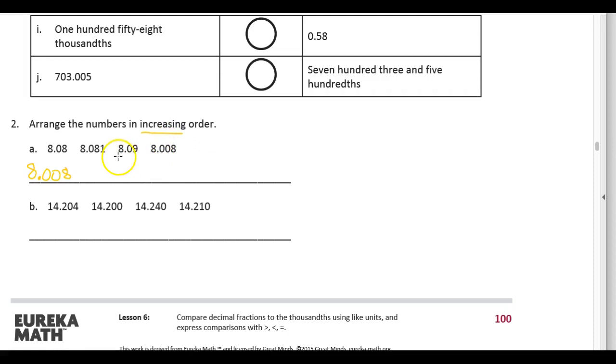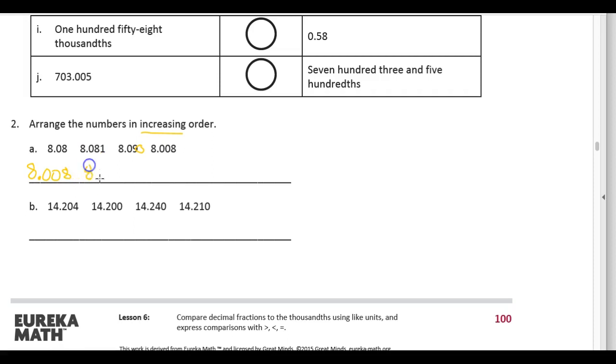So we'll look at the hundredths next. Here's 9 hundredths. This one's 8 in the hundredths place. So you could make, to help you out, you can make a 0 here. And this is 90 thousandths. This is 81 thousandths. So 81 thousandths is going to be smaller than 90 thousandths, right?